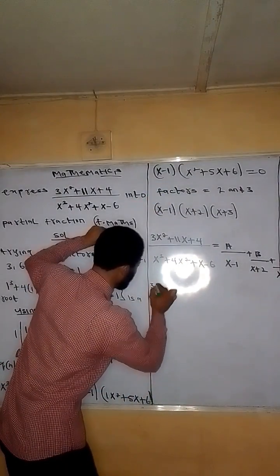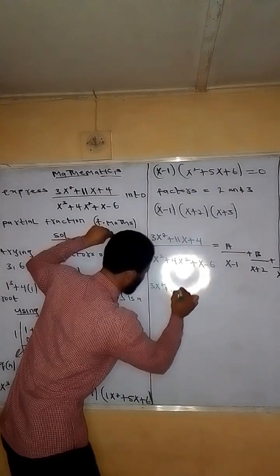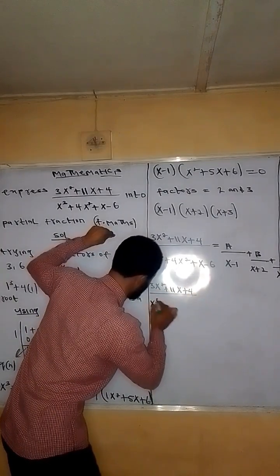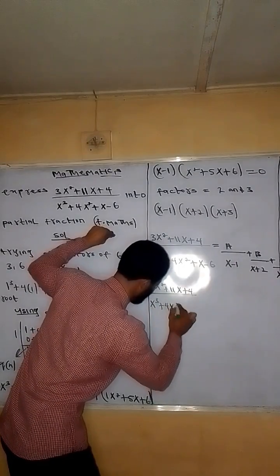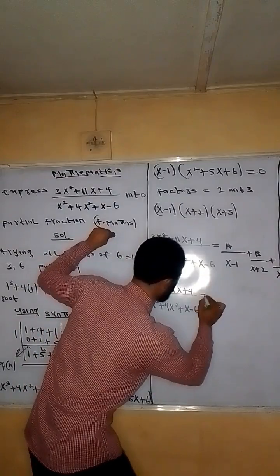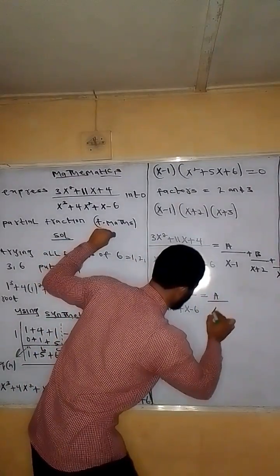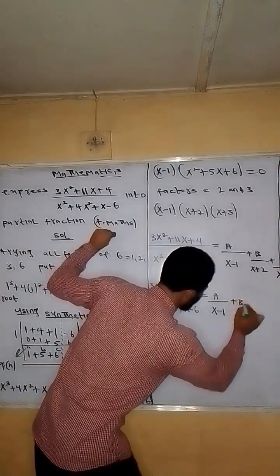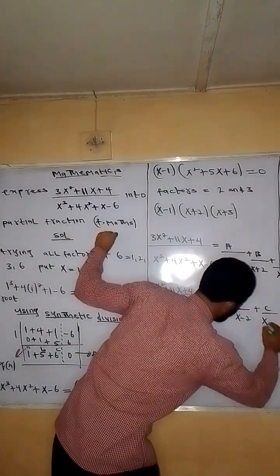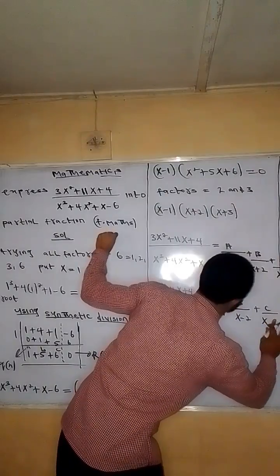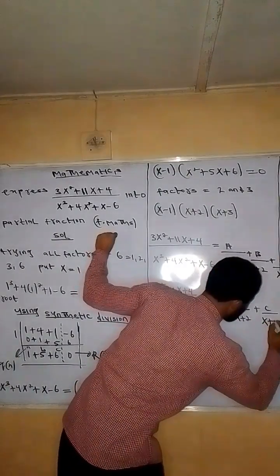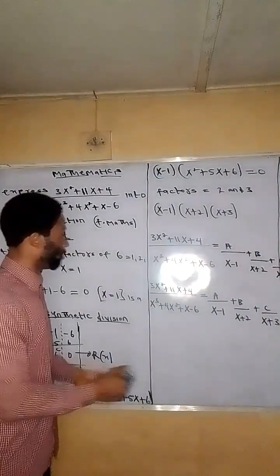Therefore, we are going to have that 3s squared plus 11s plus 4 divided by s cubed plus 4s squared plus s minus 6 will give rise to a over s minus 1 plus b over s plus 2 plus c over s plus 3.